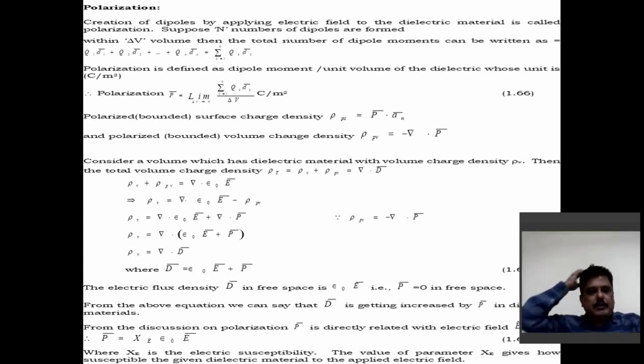Therefore, P bar equal to Xe epsilon naught E bar, where Xe is the electric susceptibility. The value of the parameter Xe gives how susceptible the given dielectric material is to the applied electric field.